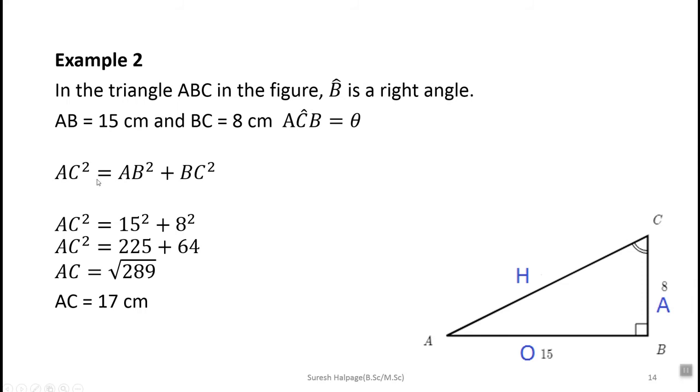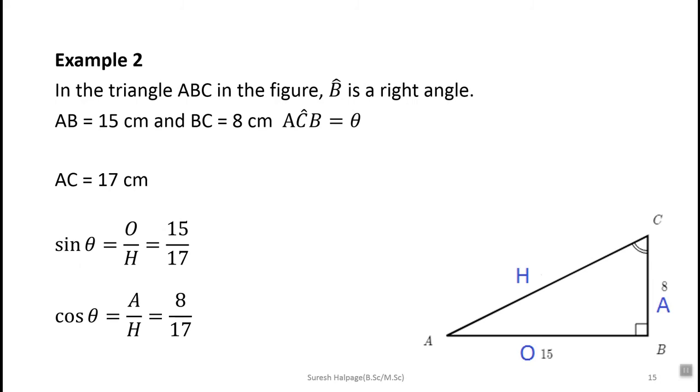We can assign values: AB 15, BC 8 cm. Then we can find AC, 17 cm. We know that from Pythagoras theorem. So AC is 17 cm. Can put 17 here.